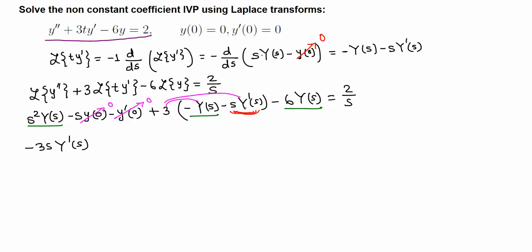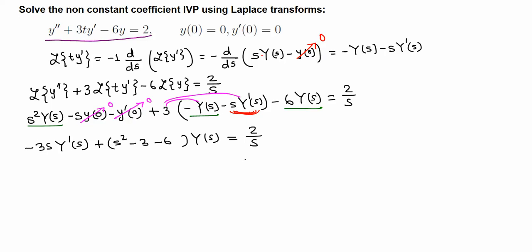This is the only term with Y prime, so we distribute negative 3 and get this. Now from s squared Y, negative 3Y and minus 6Y, we can factor Y out. Then what is left? s squared here, distribute 3, so this is negative 3, and negative 6. In fact, this is negative 9, equals 2 over s.